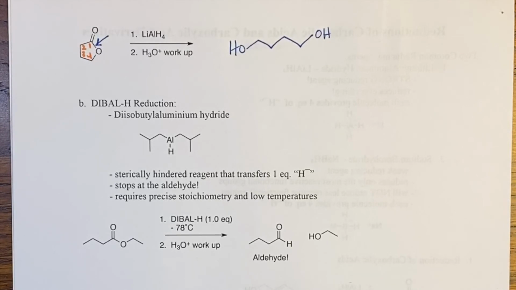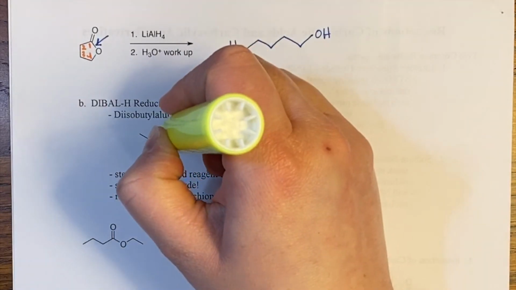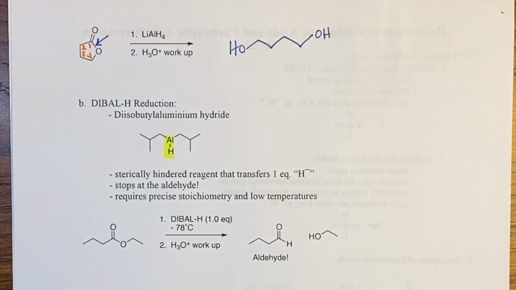Another way that we can reduce an ester is with a stoichiometric reagent called DIBAL. This reagent is called diisobutyl aluminum hydride, and it looks like this. This reagent is going to allow us a stoichiometric amount of hydride. We have 1 aluminum hydrogen bond, and this is a sterically hindered reagent that will allow us to transfer 1 equivalent of H-.